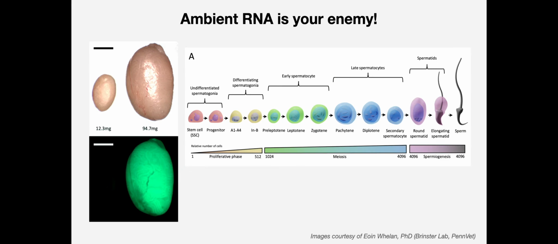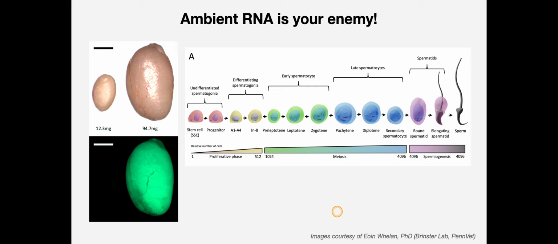And just to illustrate how frustrating ambient RNA can be, it doesn't take an extravagantly unhealthy, dying cell population to really complicate things. You can have a single cell type in your tissue that is particularly prone to cell death, and that can have effects on everything else you see in that experiment.